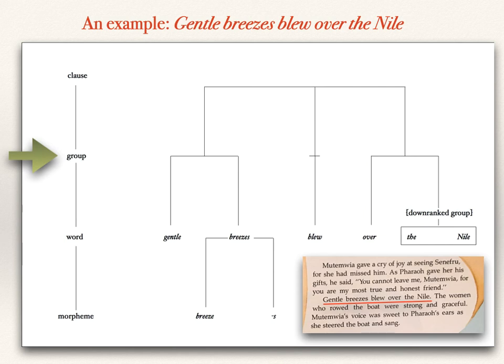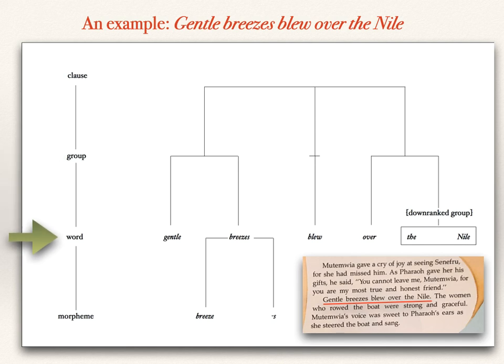Once we move down 1 rank, then we can begin to look into the internal organization of the groups and the phrase. Like, as I said, gentle breezes consisting of 2 words, gentle and breezes. Blew of a single word, blew. And then you have the prepositional phrase, preposition plus the downranked or embedded nominal group.